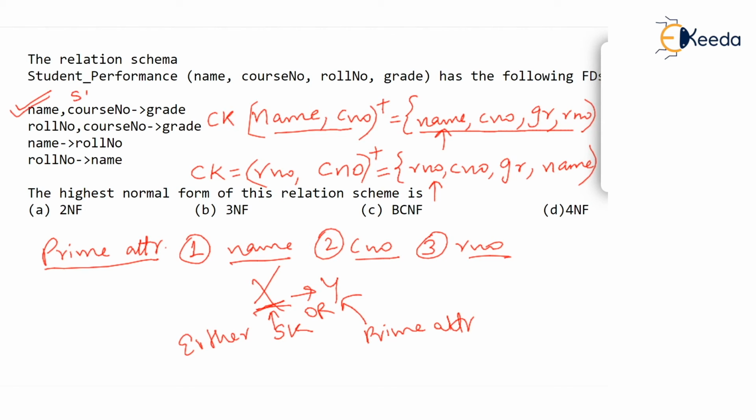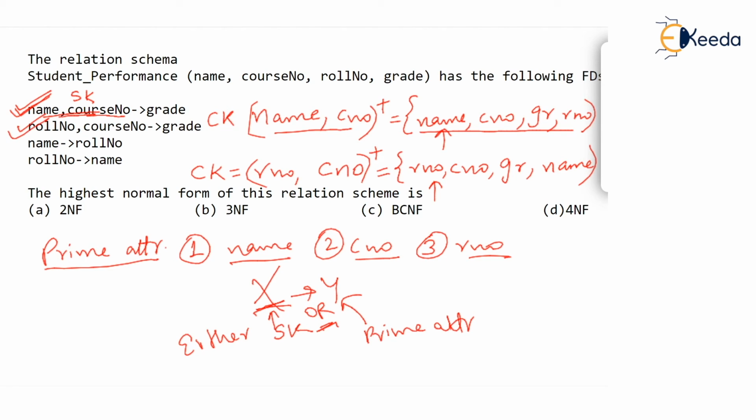Left hand side is a super key because name comma course number is a candidate key. So it is following the rule of 3NF. Look, if left hand side is a super key, no need to check the right hand side because OR is there. Either left hand side has to be super key or right hand side has to be prime attribute. So for 3NF I am talking. So left hand side is a super key, that's enough.